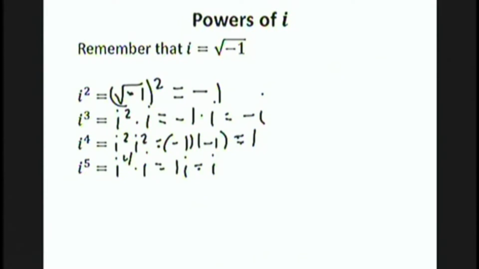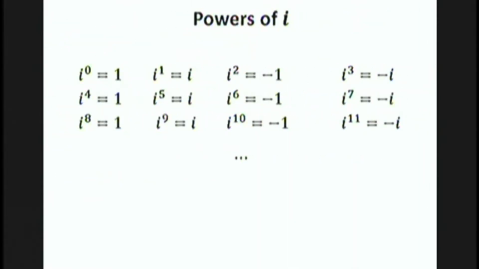And as it turns out, powers of i have a repetitive pattern. So i to the 0 is 1, i to the 1 is i, i squared is -1, and i cubed is -i. This row gives all the unique answers. After that, it keeps repeating. i to the 4th is 1, then i to the 5th is the same as i to the 1st, which is i. i to the 6th is the same as i to the 2nd, which is -1, and so on.